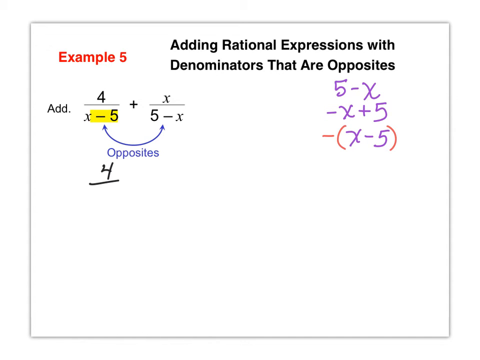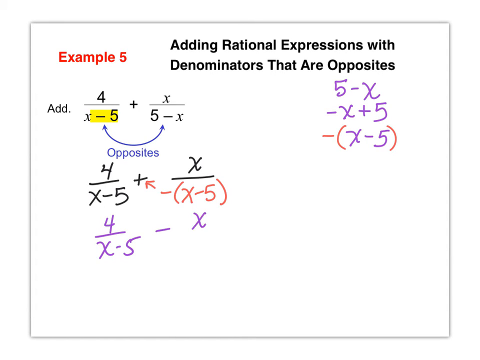So the first fraction we'll leave as 4 divided by x minus 5. And I'm going to replace that denominator of 5 minus x with a minus, and in parentheses, x minus 5. So this minus that's in the denominator, we can bring that out in front of the fraction so that it can be written as 4 over x minus 5 minus x over x minus 5.